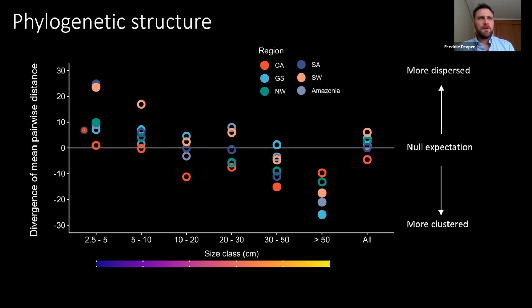So hyperdominant species that are dominating in the 2.5 to 5 centimeters are consistently more dispersed across the angiosperm phylogeny than we'd expect by chance. And the opposite is true of these very large stem species. If you're above 50 centimeters, they tend to be more clustered than we'd expect by chance. And we can see that in the data.